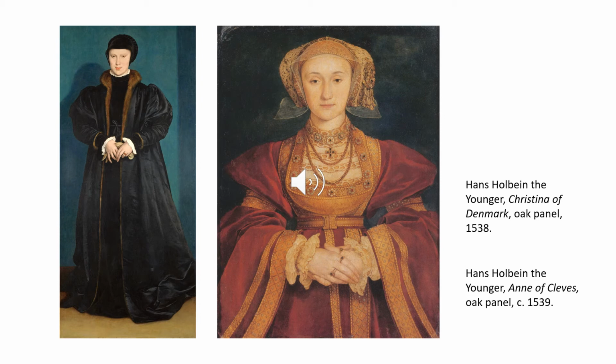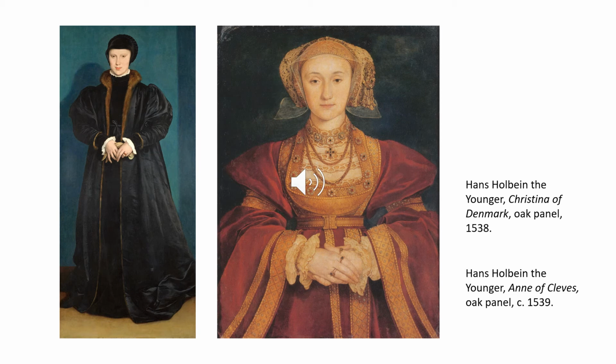And we can see that as he sent Holbein out to do this, that preferred pose of both the king and the artist was used at least twice in this process of finding the next queen.